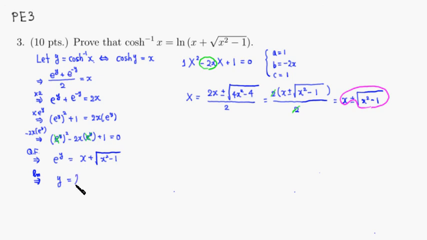So you have natural log of x plus the square root of x squared minus 1, which is the inverse hyperbolic cosine of x. All right, that's it. I hope that this was clear.